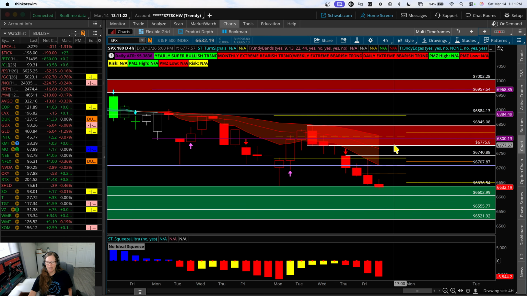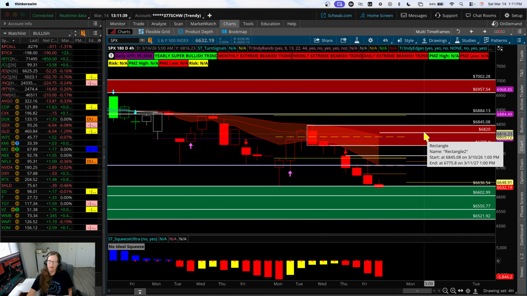So from a 2 to 5 day time frame perspective for me this week in SPX, the levels that I'm looking to be a seller at are 67.75 by 68.45. The upper weekly edge, trendy edge here, is 68.20.